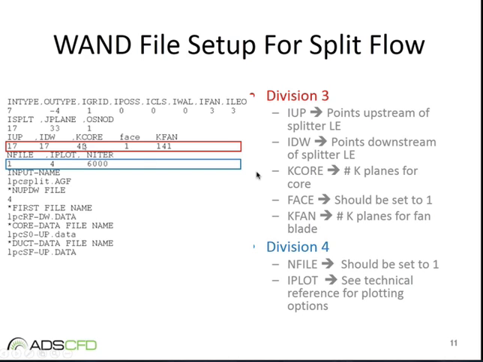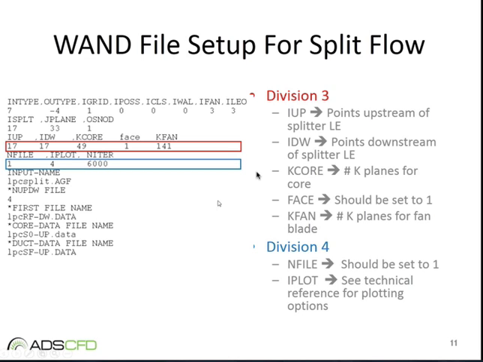The next parameter controls the number of K-planes that will be generated in the core section. This parameter should be set to 1, and then this final parameter in this row is the number of K-planes for the fan section. So these two should correspond again with the mesh that's already been generated for those rows.